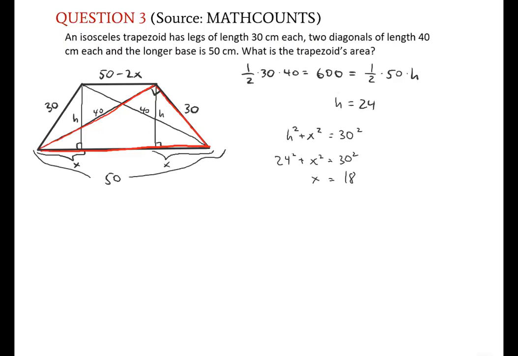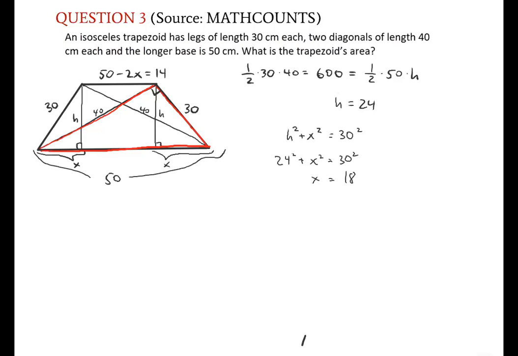Okay. And now we can find that this shorter base is equal to 50 minus 2 times 18, or that's equal to 14. Now you can just solve for the area of the trapezoid.